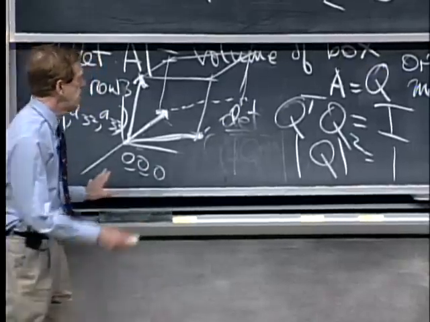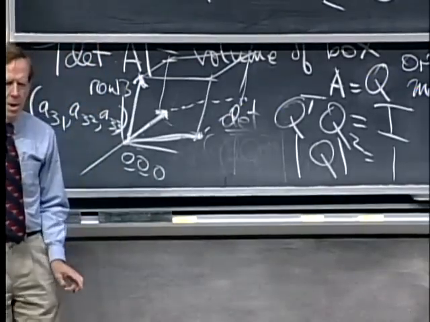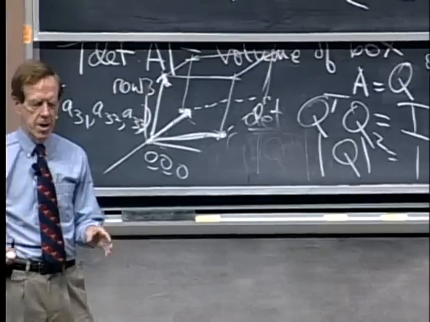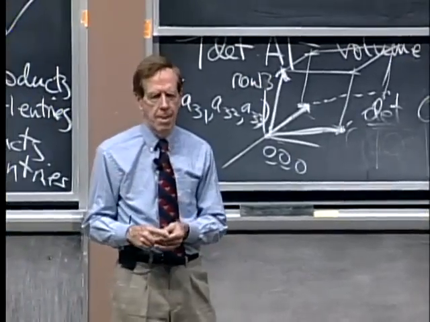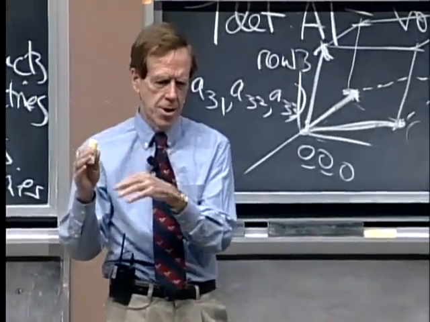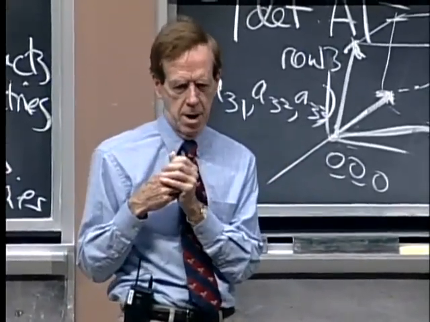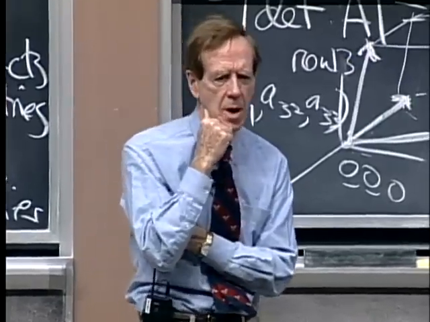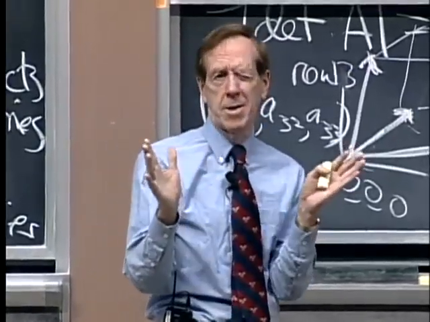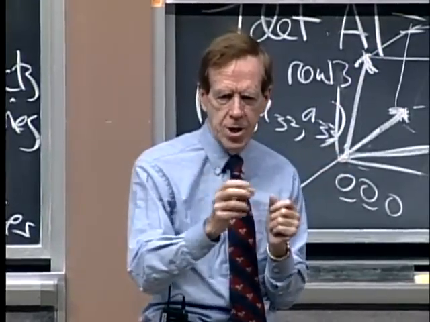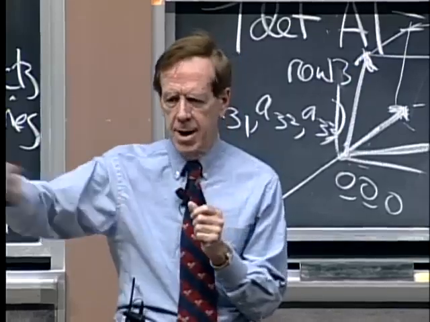So in these special cases of cubes, we really do have determinant equals volume. Now, can I push that to non-cubes? Let me push it first to rectangles, rectangular boxes, where I'm just stretching the edges.